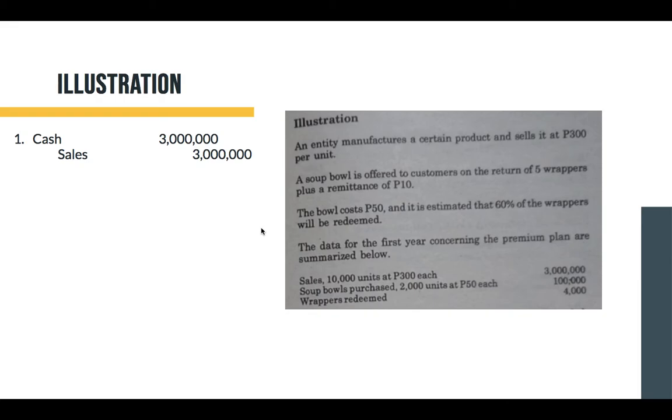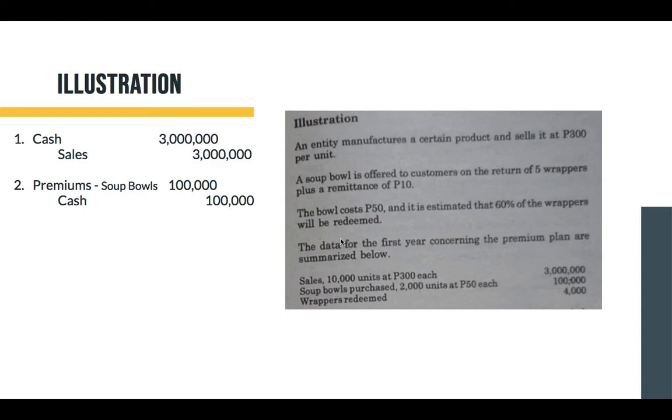Second is to record the premiums purchase. We purchase the premium, which is the soup bowl. The soup bowl purchase is 2,000 units at 50 pesos. So we record the purchase: we debit the premiums, 100,000, then cash if we have paid it.